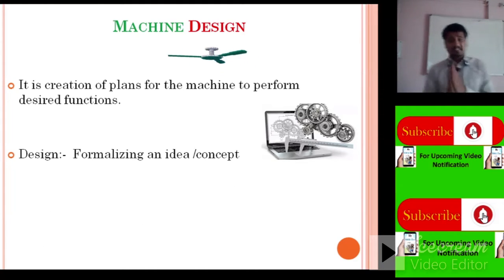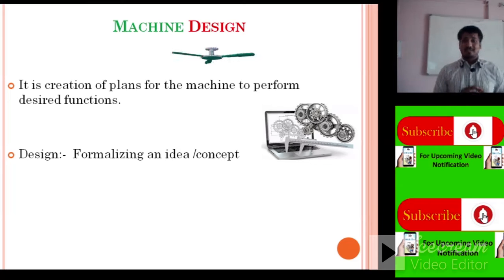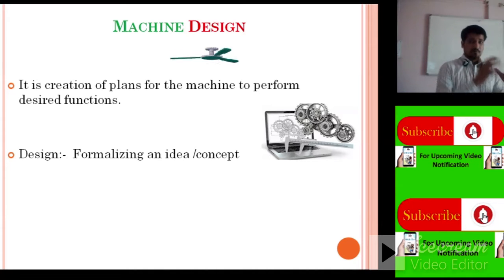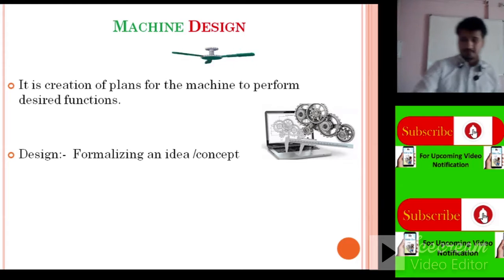The first design stage is formalizing an idea or concept. When we have to design a machine, at that time we have to finalize our idea or the concept. That means why it has to be designed, the concept formalization.